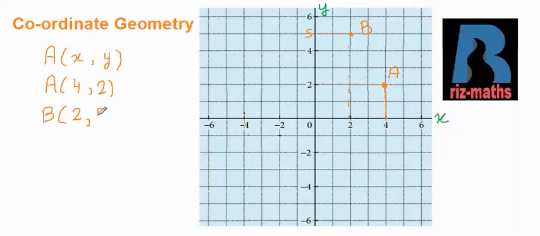So this is 5. If we join these 2 points, point A with point B, this is the line segment. Line segment means a piece of a line.